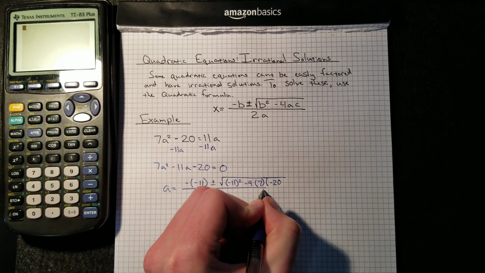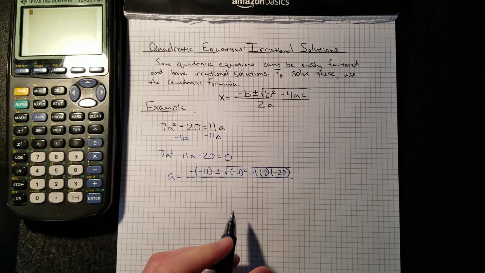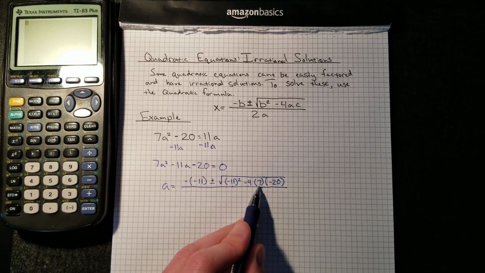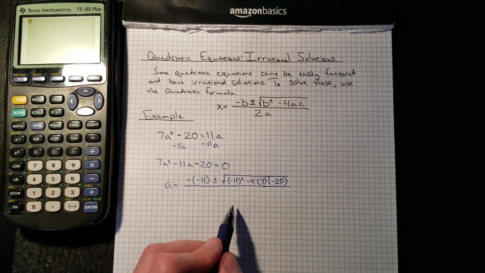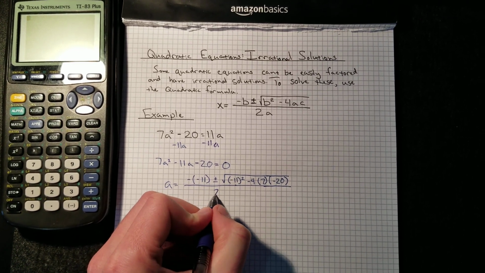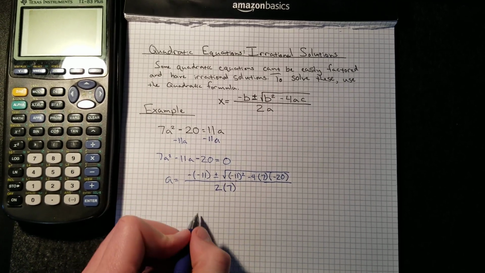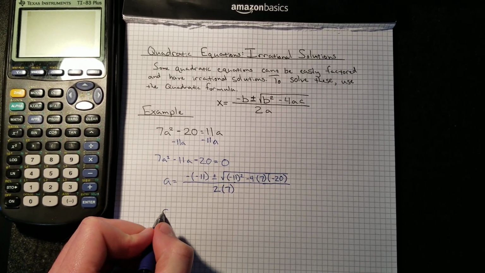I'll extend these lines a little bit so it looks nice. Here we go. So negative 11 squared goes inside, negative 4 times 7 times negative 20 goes there, and down here we divide by 2a, which is 2 times 7. So we've got all this. Now we're going to solve it.